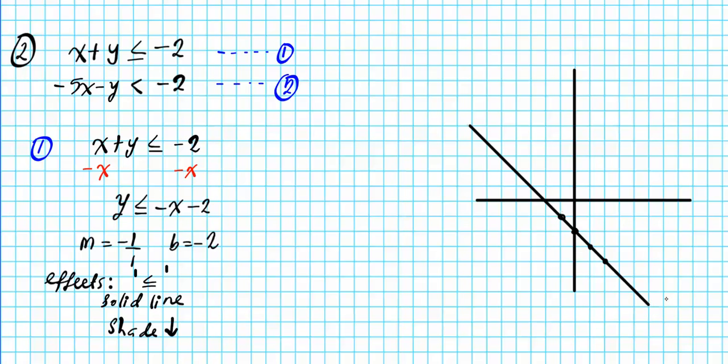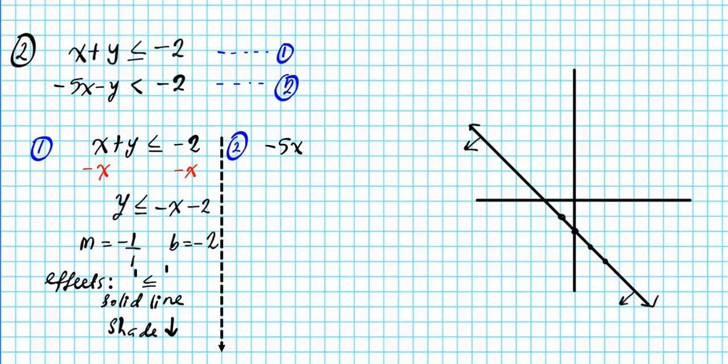All right, so what's the direction of our shade? Since we have less than, every point below this line, including the line, satisfies the first inequality. Okay? All right, but we're looking for the intersection of the points that satisfy both. That's our solution region. So we need to now direct our attention to inequality number 2, which is also presented in standard form.